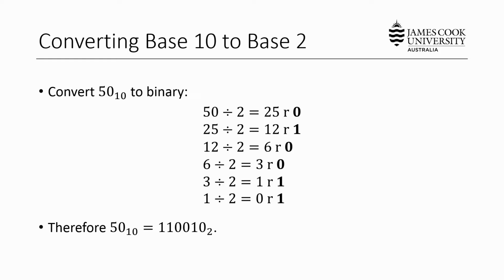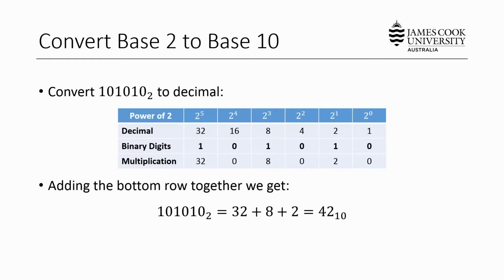We then take 25, divide it by 2, get our remainder, and so on and so forth until we get a 0 division result. And then we simply backtrack and store the remainders in reverse order. And that's the number in binary, okay? So that's how it works. It's a pattern that we've found to basically shortcut the process. So to convert the other way from binary to base 10, it's a little easier, I would say.